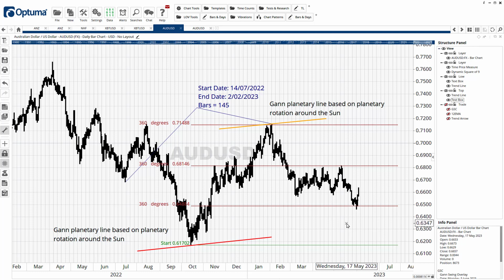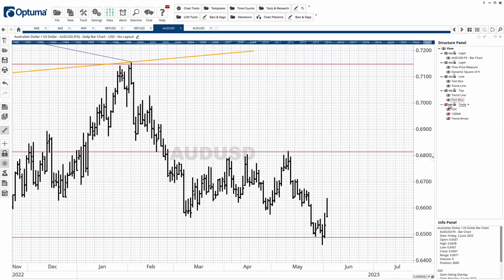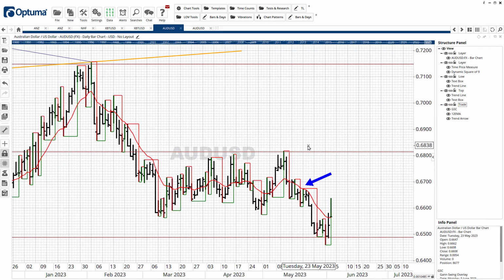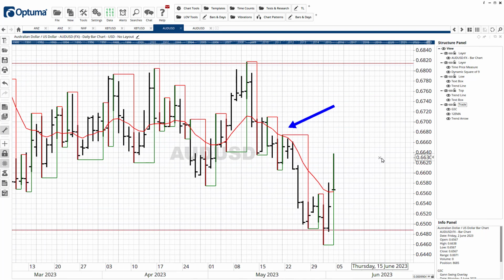Let's just have a look now, and we'll zoom in and have a look at the Gann swing chart. You can see the Gann swing chart through here, the moving average that I love to use on my charts. And just in through here, I thought that the market was going to react to this square of 9 level, and you can see that it is now rejecting the moving average, and the swing chart is telling me that there's a resistance point there.